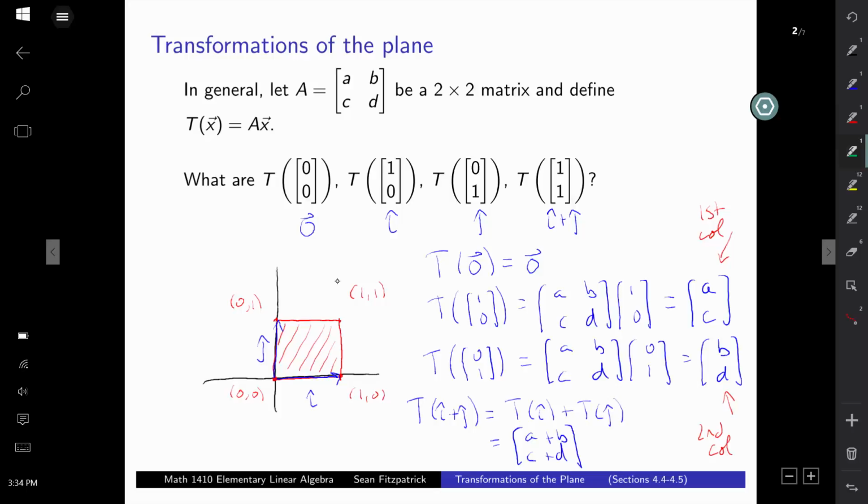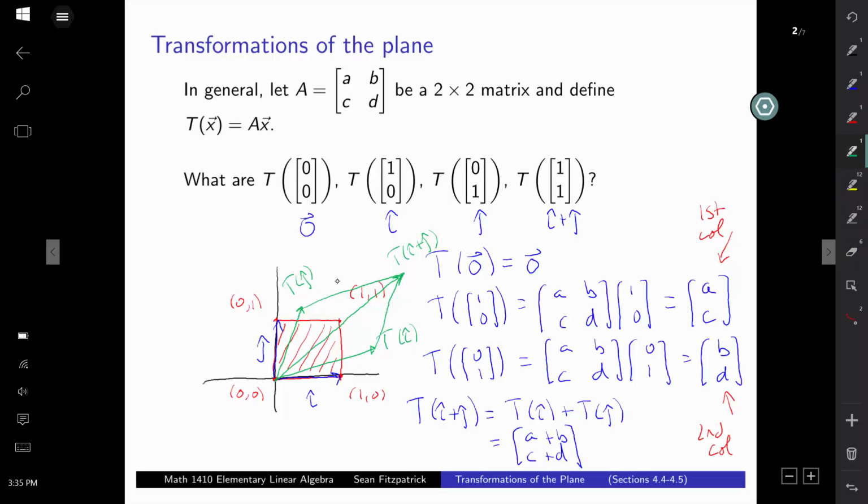The actual location of these can be pretty unpredictable, but maybe there's T of i there, and maybe T of j ends up there, and for T of i plus j, we can do our parallelogram trick. We know it ends up over there. That's T of i plus j, which is T of i plus T of j.